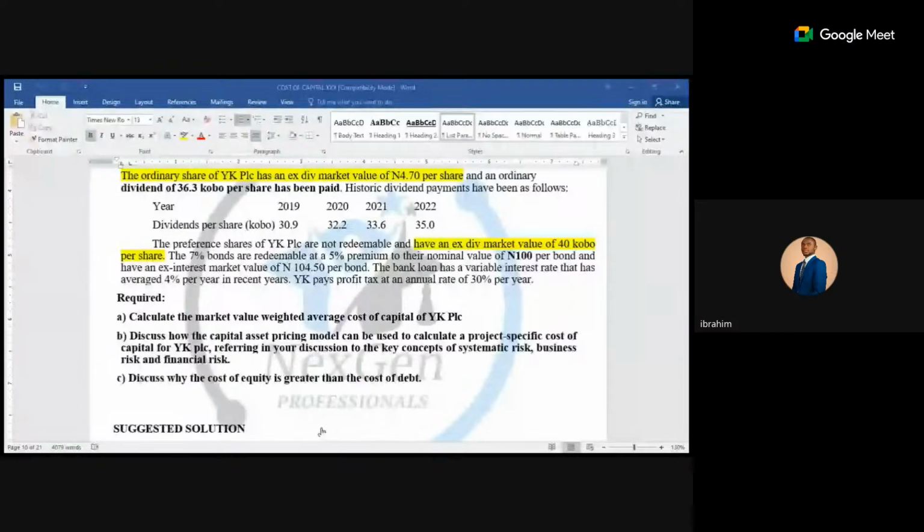When you talk about business risk, it's a risk that affects a particular line of business. A practical illustration is the recapitalization policy for financial institutions.